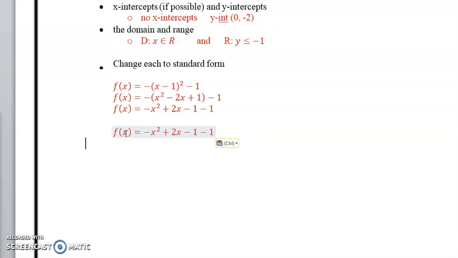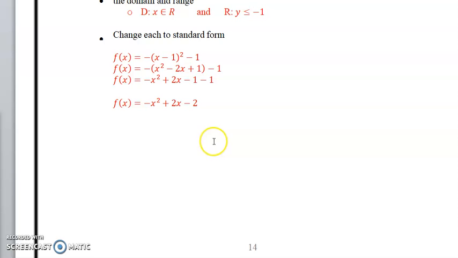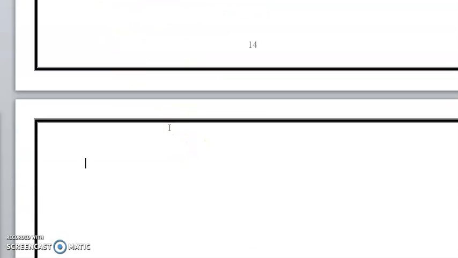And then last but not least, we pull it in. Combine these like terms, you get negative 2. So that's your standard form: negative x squared plus 2x minus 2. And then we'll move on to the next example.